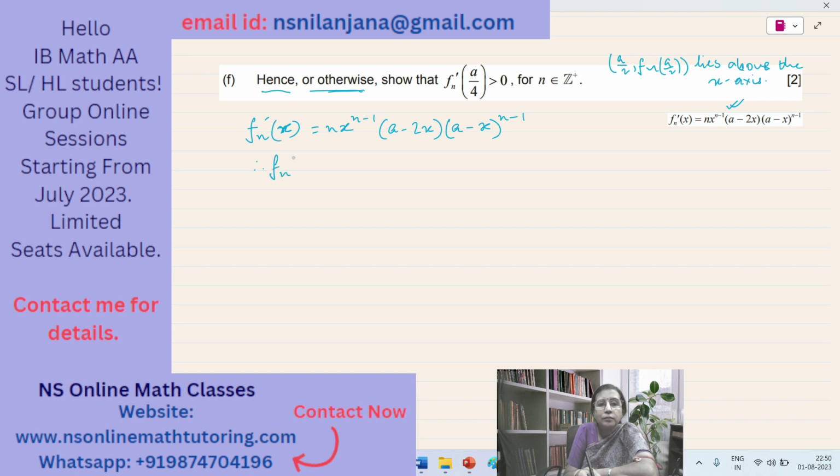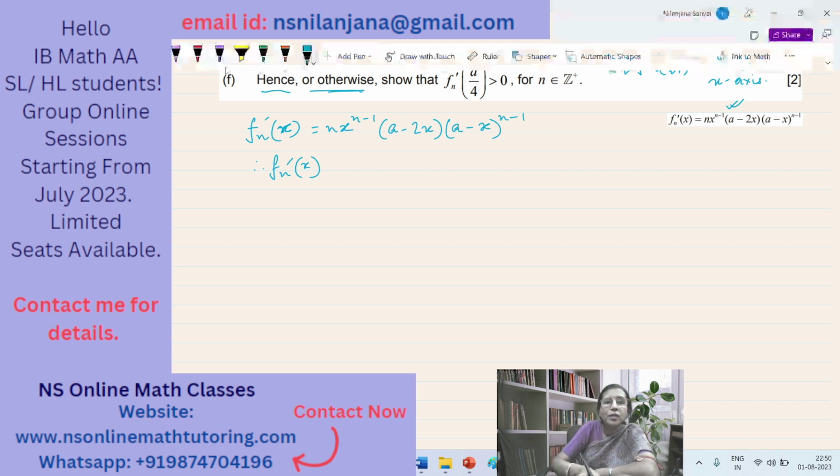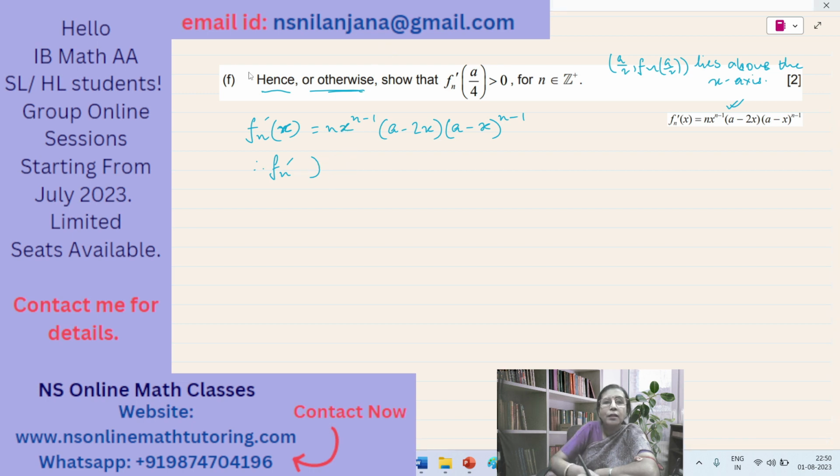Therefore, fn dash of a over 4 equals n times a over 4 to the power of n minus 1, times a minus 2 times a over 4, times a minus a over 4 to the power of n minus 1.